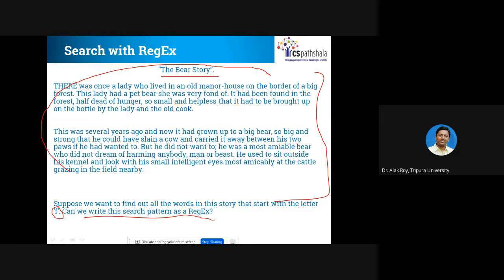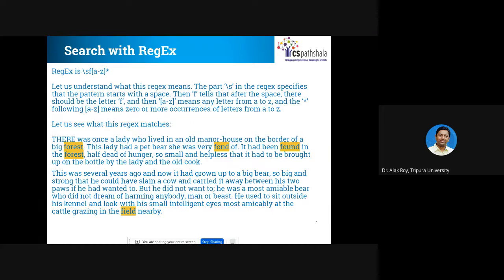In this whole story, you will be able to find words starting with F, like forest, found, fond or field. How is it possible? These words can be searched in the paragraph using a regular expression.